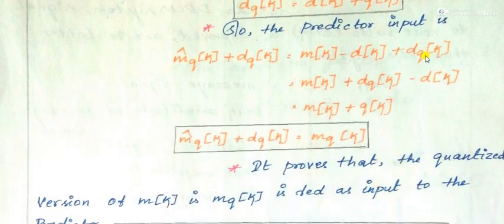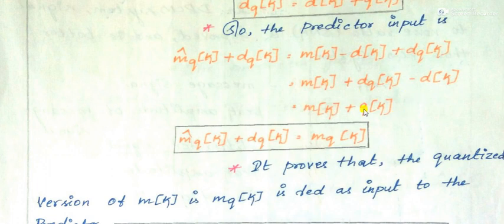So dq of k is as it is. Now we have just rearranged it: mq of k equals m of k minus d of k plus dq of k, and dq of k minus d of k is equal to q of k. So from this equation we can write dq of k minus d of k is equal to q of k.